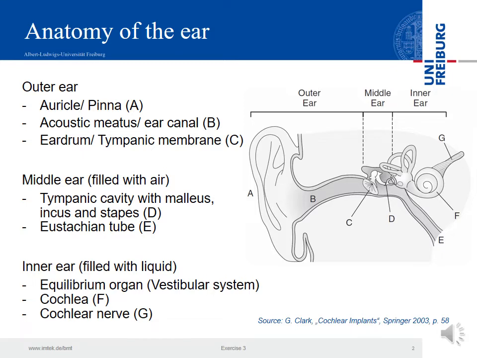All the nerves that are assembled or placed in the inner ear form then the cochlear nerve, part G, that transfers all the nervous signals then to higher structures in the brain, and those structures contribute to all those processes that we experience hearing.